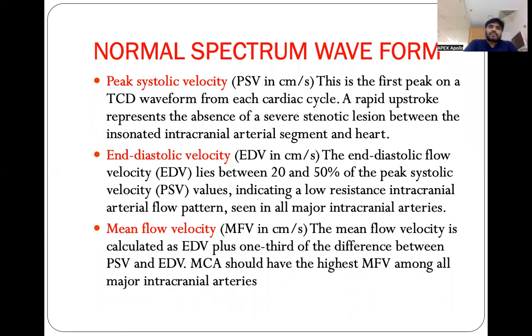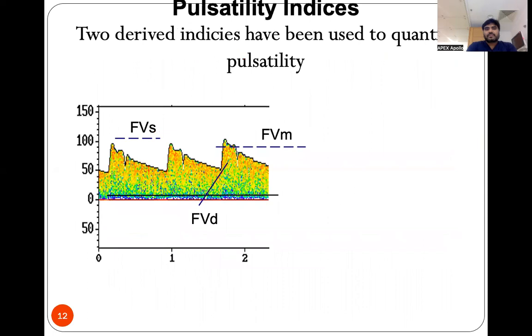The peak systolic velocity is the highest first peak of the TCD waveform from each cardiac cycle. End-diastolic velocity lies between 20 to 50% of peak systolic velocity. Next is the mean flow velocity, calculated as end-diastolic velocity plus 1/3 of the difference between peak systolic velocity and end-diastolic velocity.